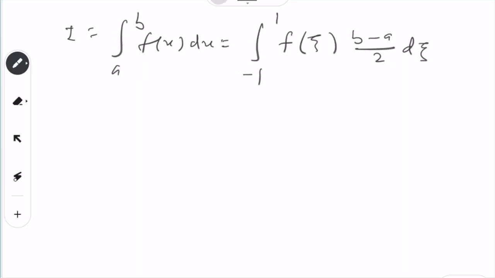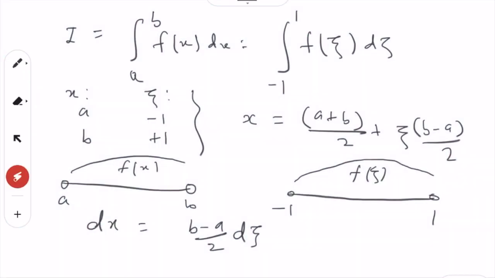Okay. So basically whatever we wrote here, it's actually not entirely correct. We need what is called the Jacobian here, right? So there is some constant here, let's call it J, J for Jacobian. So there has to be some constant which should come here, and that constant is nothing but (b minus a) over 2.